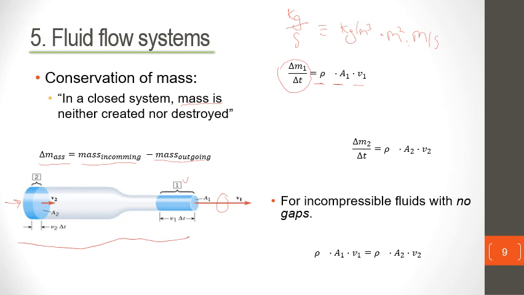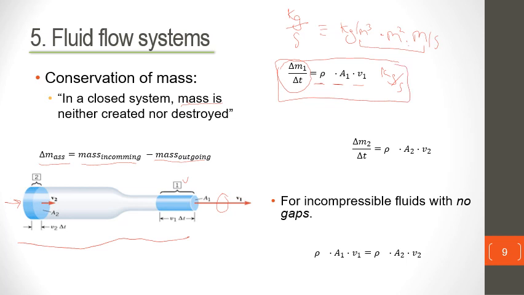So we say this has to be equal to that. If we look at consistency of the units here, we can see that the m's will cancel out, and in both cases we have the units kg per second, which means this equation is consistent.